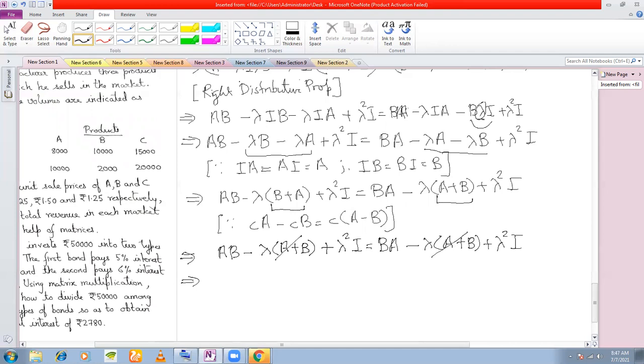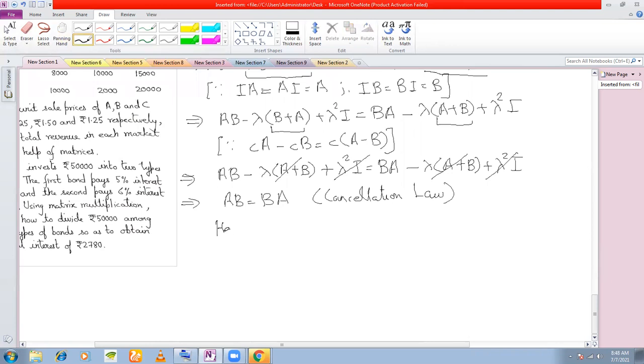These two cancel. These two cancel. That means AB must be equal to BA. We are cancelling by the cancellation law, because you can cancel in matrices, both sides.